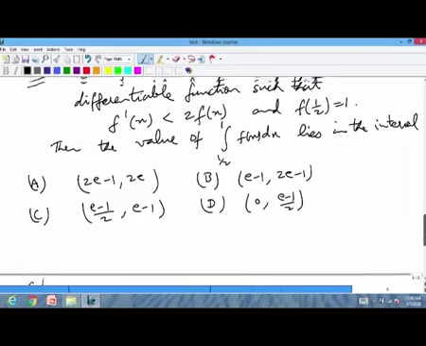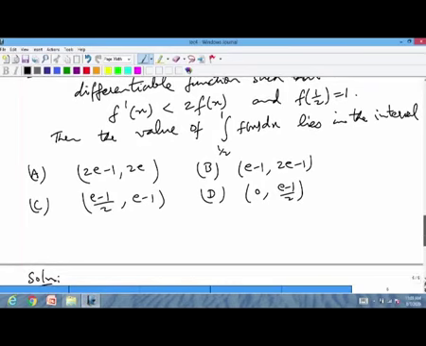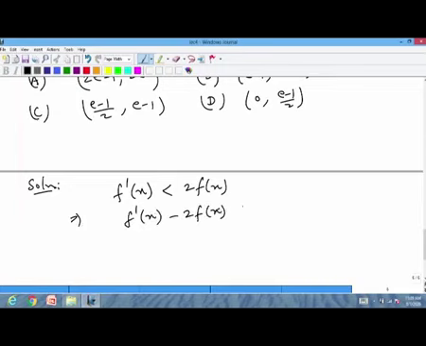So, what we are given is f prime x is less than 2 times f of x. This implies f prime x minus 2 f x is strictly less than 0, for all x in half to 1.